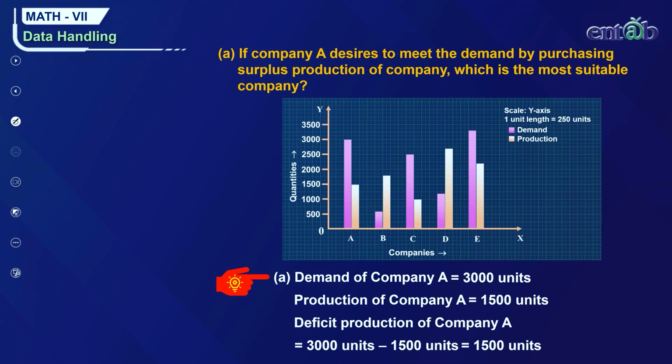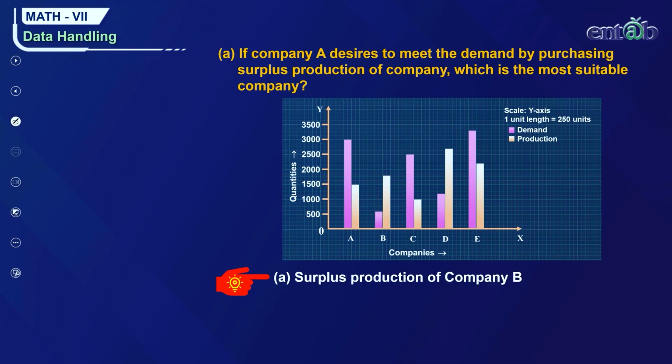Now, we can look at the graph and find out that only B and D company can be looked upon for providing the surplus production, as their demand bar is smaller than their production bars, right? So, let's find out. The surplus production of company B: the production of company B is 1800 units and demand of company B is 600 units, right?